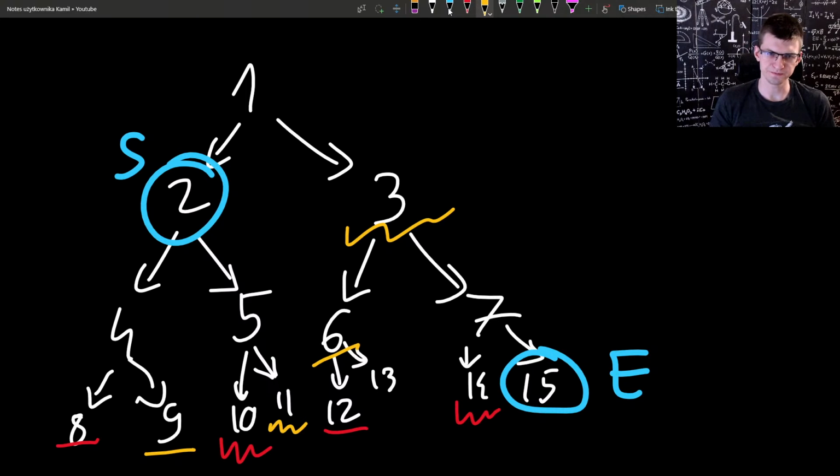Then from 2, I can get down to 11, then from 11 to jump directly to 3. Oh, but that doesn't help. I still have logarithm to cover here, logarithm to cover there. That is not enough.